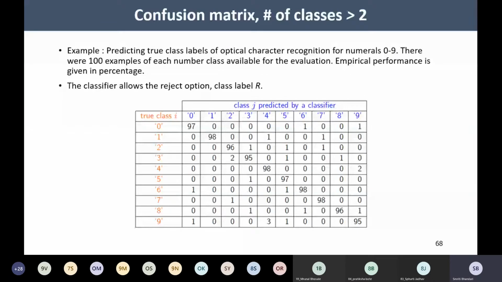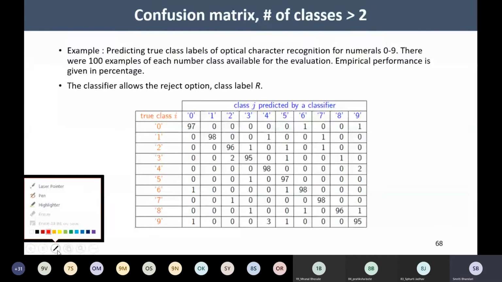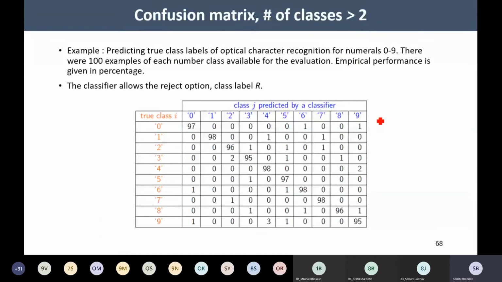Okay, so I would like to let you know that if I am not having classified any of the digits, then I may have one more class. Not always, but depending on the need, I may have one more class that is having the class label R, and that is the rejection.